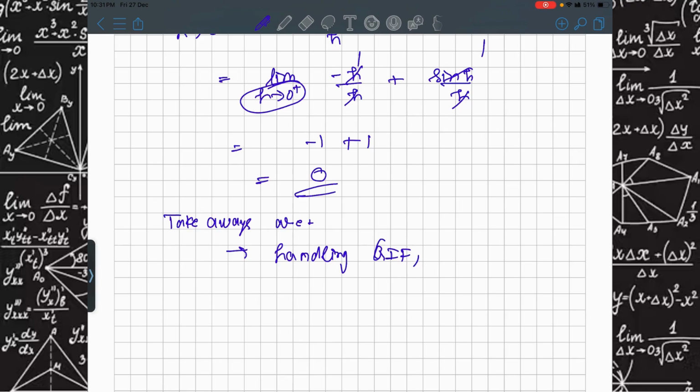I always write GIF when there is a limit. So this is the main key takeaway. These limits questions are very important. The last video's one and these three questions are very important in the aspects of JEE standards.